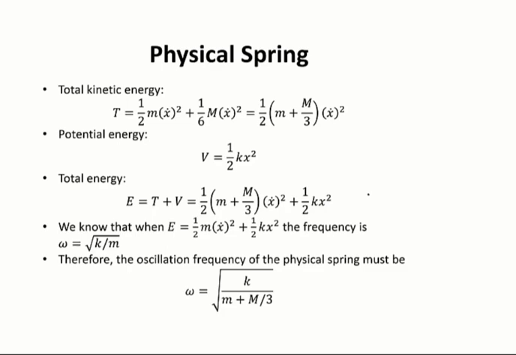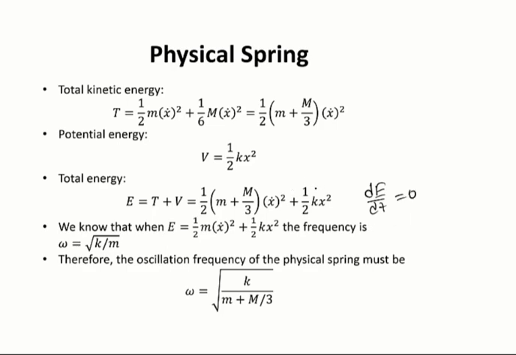Now, as you have the expression for the total energy of this physical spring, can you find out the equation of motion for this physical spring? Well, actually you can. What you have to do is apply the energy conservation formula, right? That is dE/dt will be equal to 0.